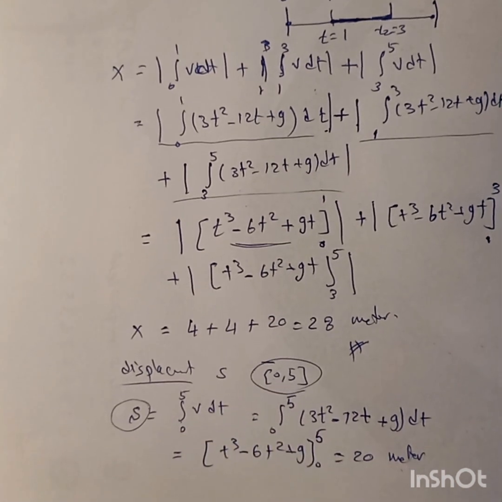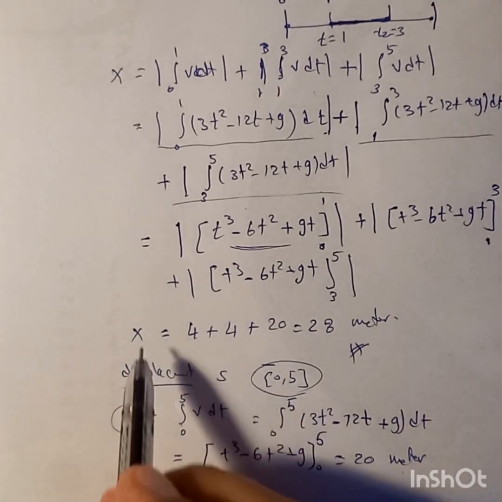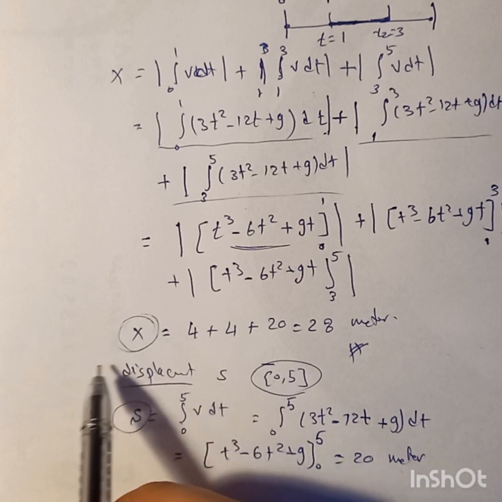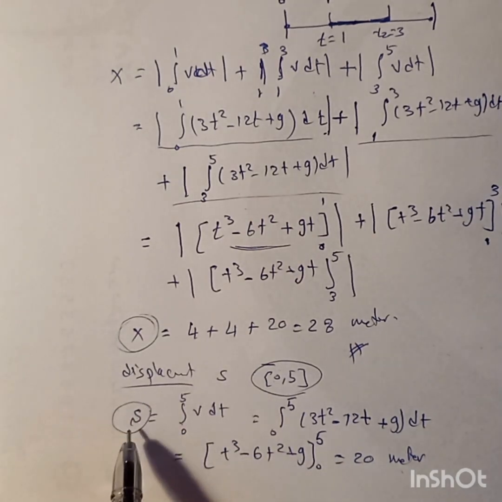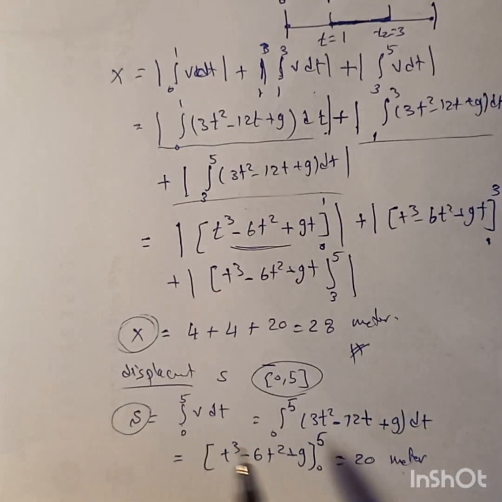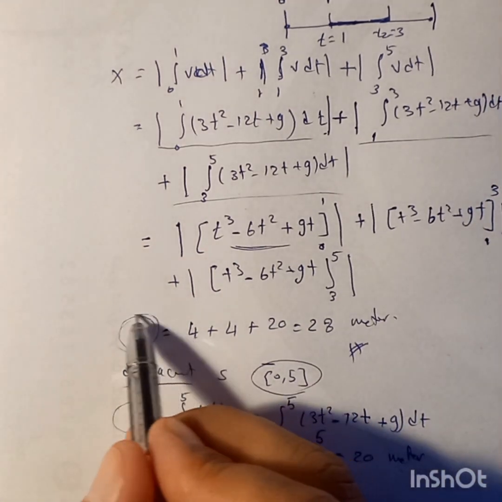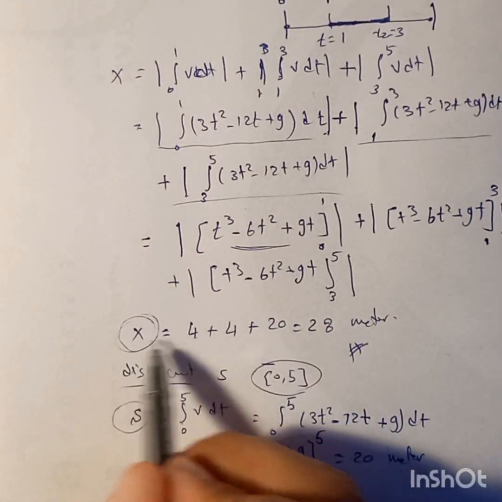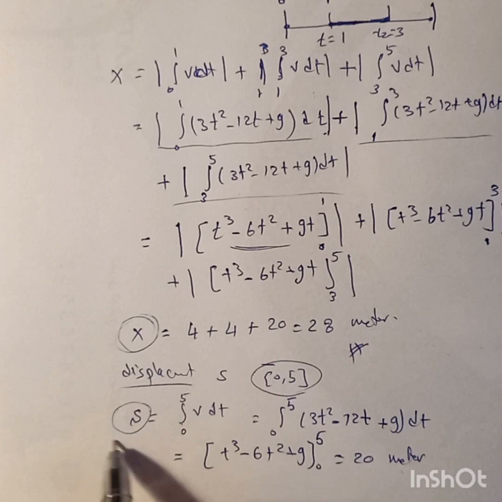And it's clear also, as we said before, that the distance covered is greater than the displacement covered by the body within the same time interval. Here we are not considering the direction of motion, but there we are.